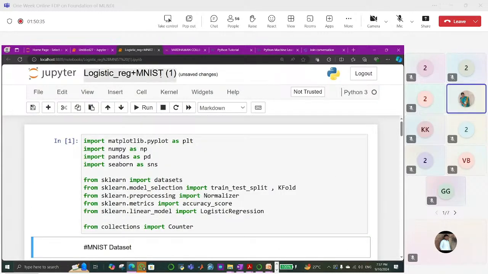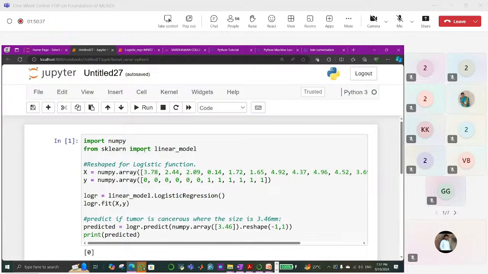One more example we can consider. Suppose we want to predict the tumor, whether the patient has cancer or not. So for that we can predict. This is the program: from sklearn import linear_model. This is the data set samples.